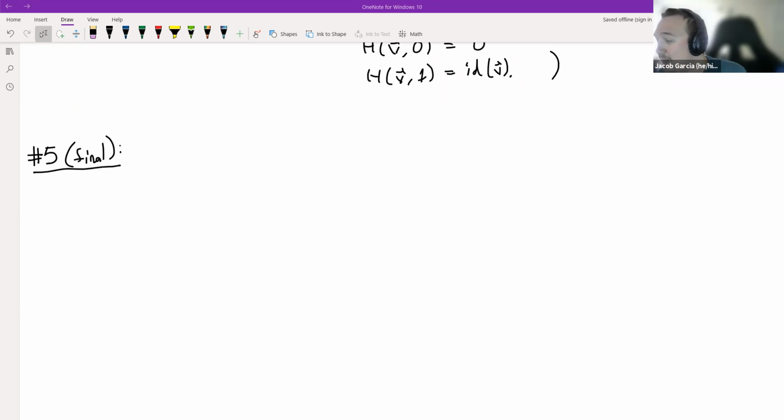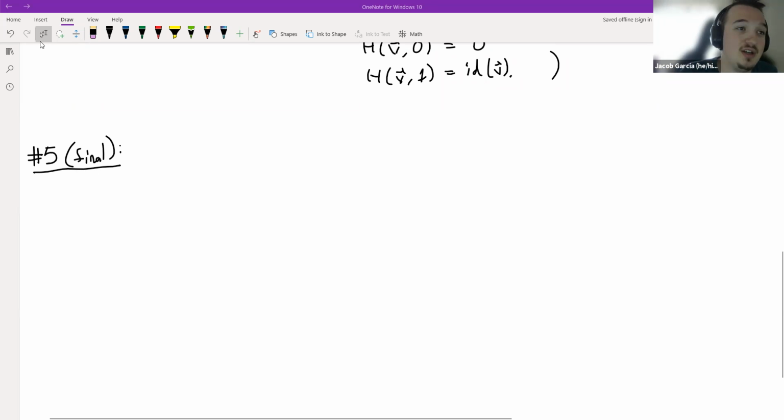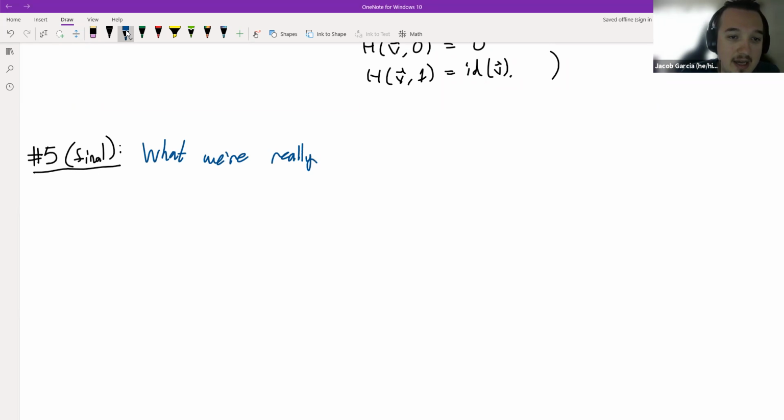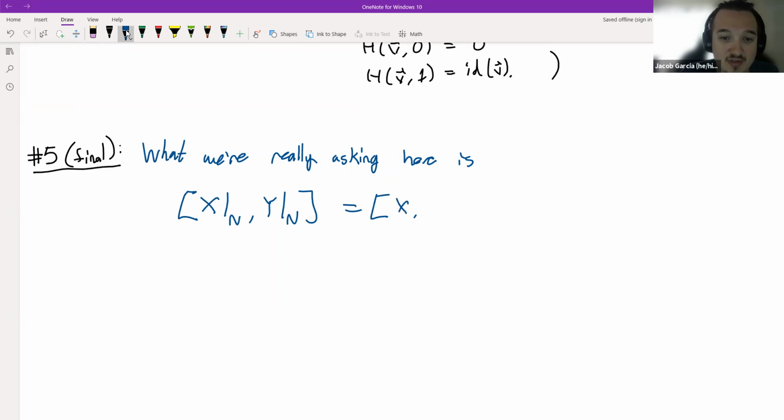So what we're really asking here is that the Lie bracket of the restrictions is equal to the restriction of the Lie bracket. It doesn't matter whether you restrict first and then take the Lie bracket, or take the Lie bracket and then restrict.